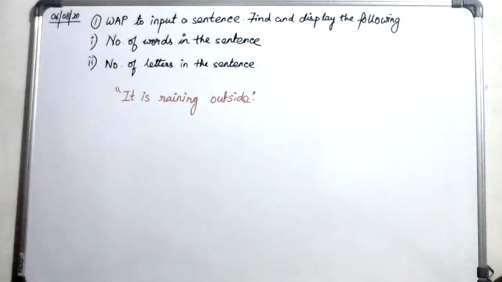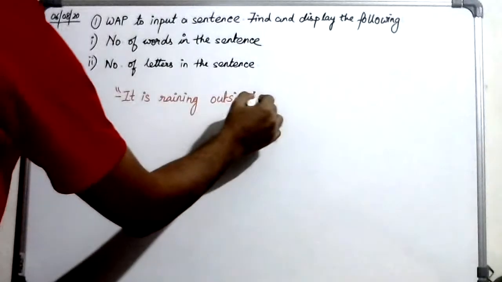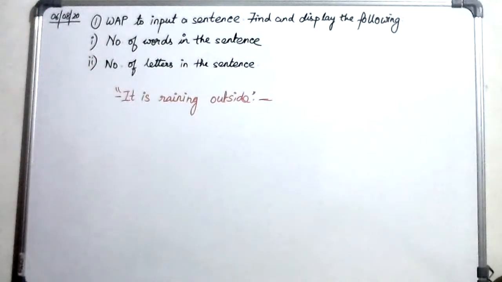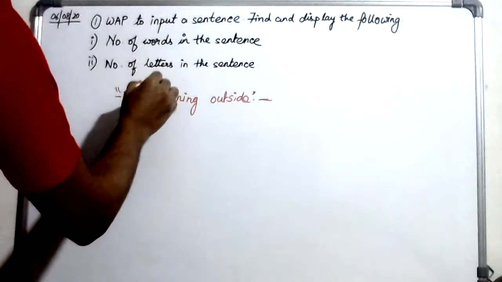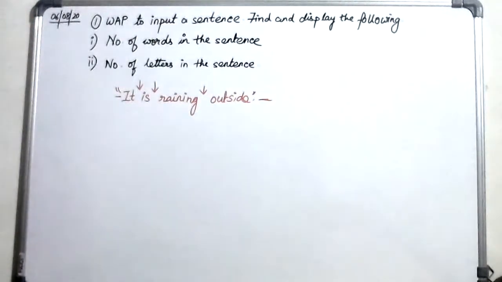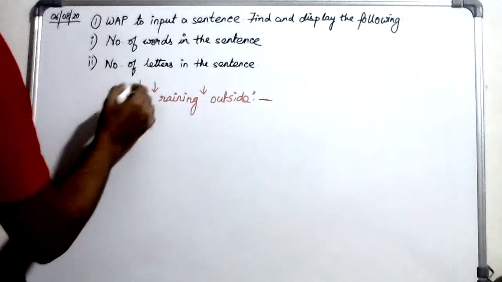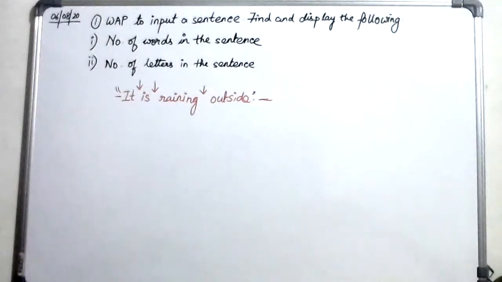If you take a look at the sentence properly, there are no spaces before the sentence and after the sentence. So we do not have any spaces, but in the middle we have 1, 2 and 3 blank spaces, right? When we are looking at the sentence, we are just finding out the gaps between each word.